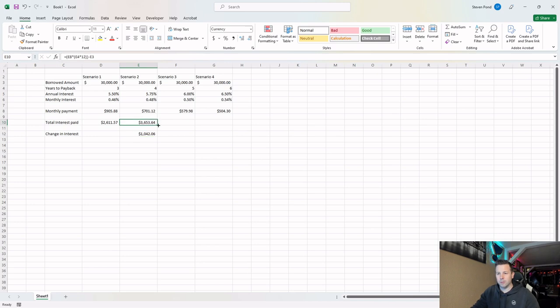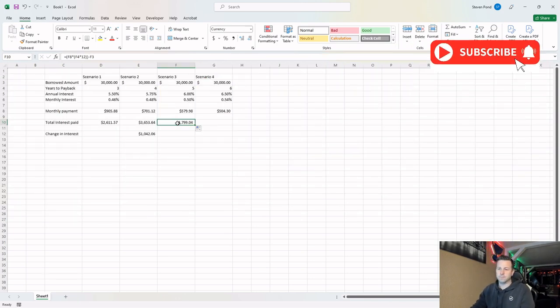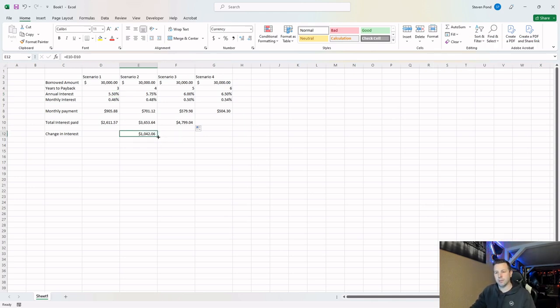So now we're going to go over to scenario 3. Now we're going to pay $4,800 of interest, or more specifically $4,799.04, by adding again only 1 more year, but now again another 0.25%, or over scenario 1, 0.5% more of annual interest. And I actually want to go back to scenario 1, so I'm going to lock this one.